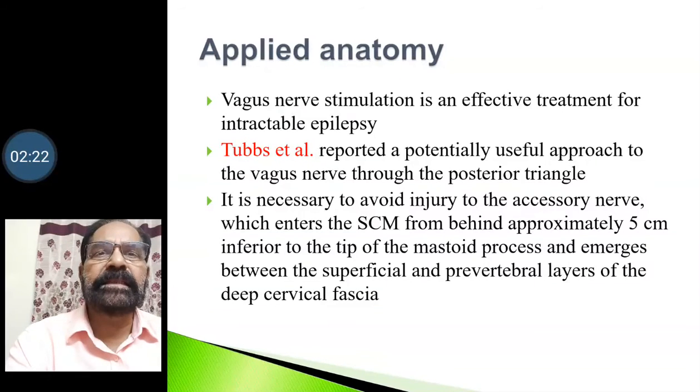In this, it is necessary to avoid injury to the accessory nerve, which enters the sternocleidomastoid muscle from behind, approximately 5 centimeters inferior to the tip of the mastoid process, and emerges between the superficial and prevertebral layers of deep cervical fascia.